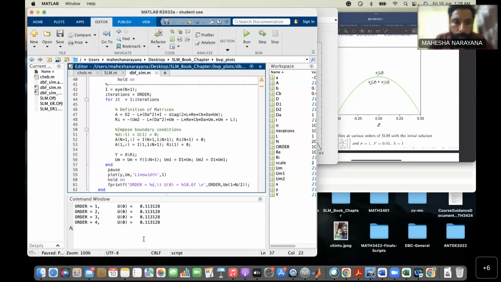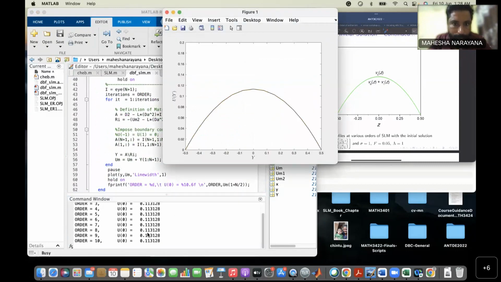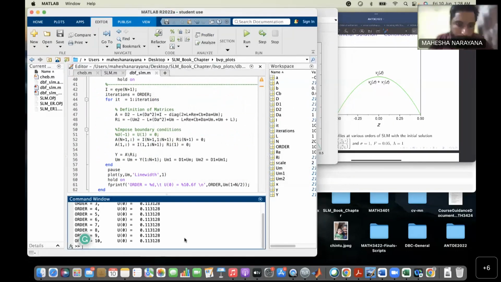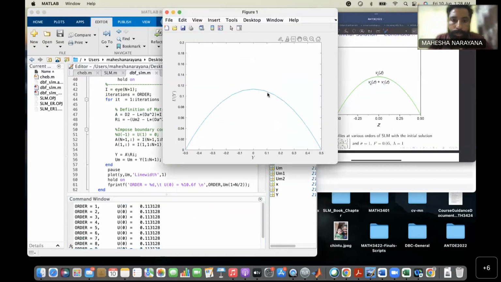So it has almost converged with one correction itself. That's the best solution. One correction itself gives you the result.